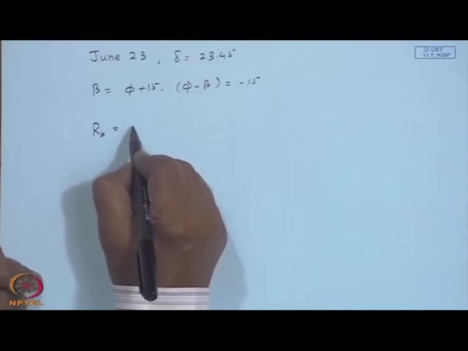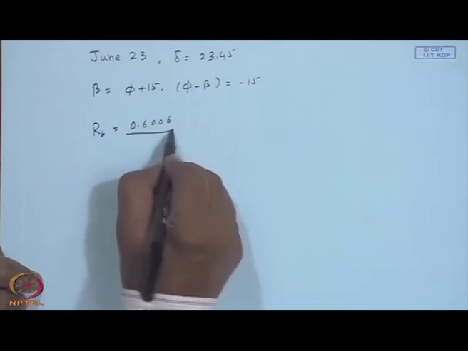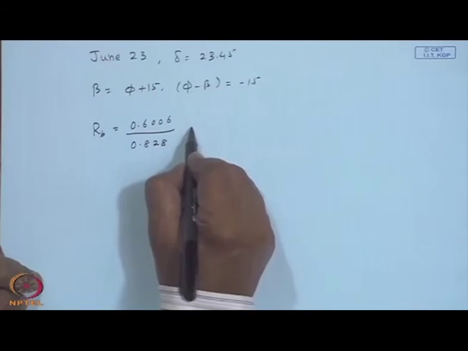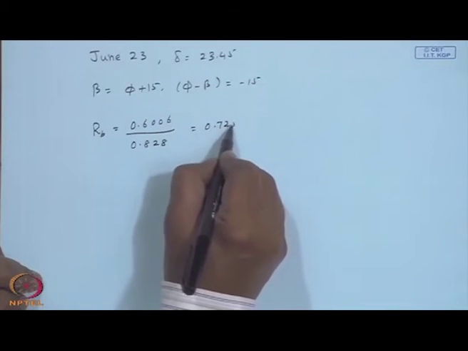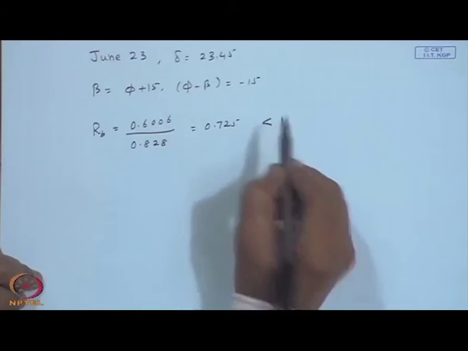It will turn out to be 0.6006 upon 0.828, which is 0.725. Now, you will find that this is even less than unity.